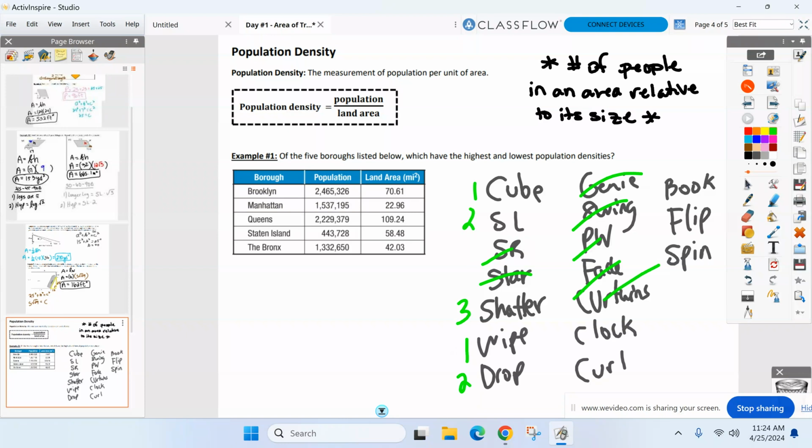Clock. Curl. Book. Flip. Spin. Okay, fine. I'll give you both. Sure. Shatter, book, Promethean person. You ready? Shatter, book, Promethean person.